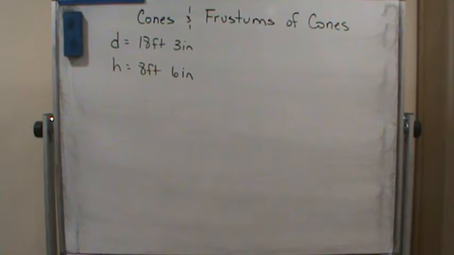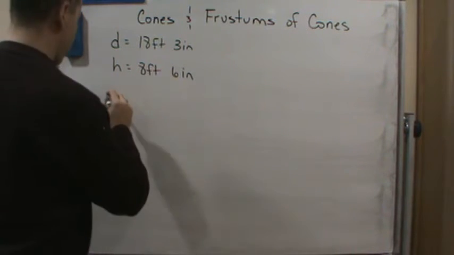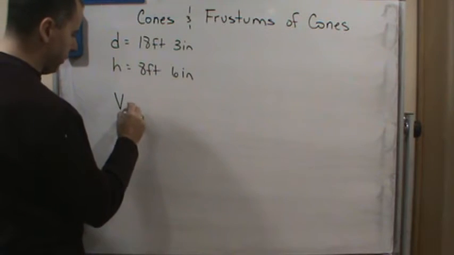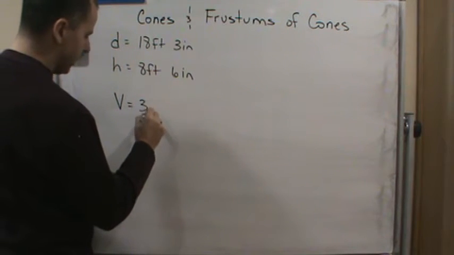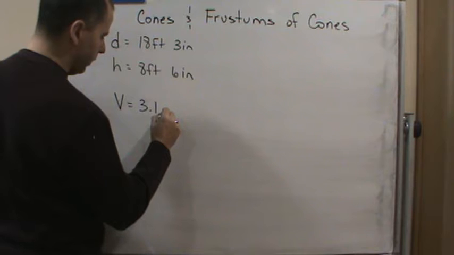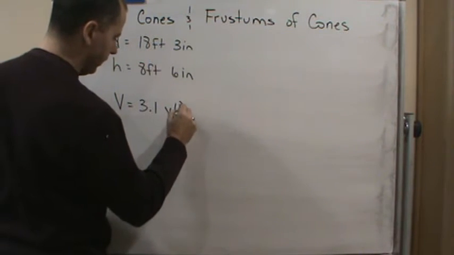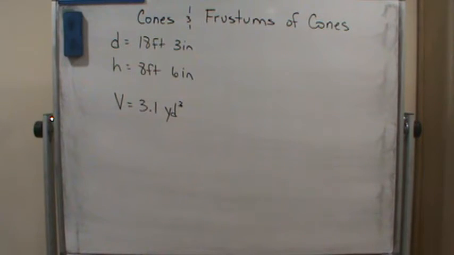And it says a pickup truck with a bed capacity of 3.1 cubic yards. Ooh, I like this one. So the capacity, which is the volume of the dump truck, is 3.1 cubic yards, and it's being used to haul away the sand.